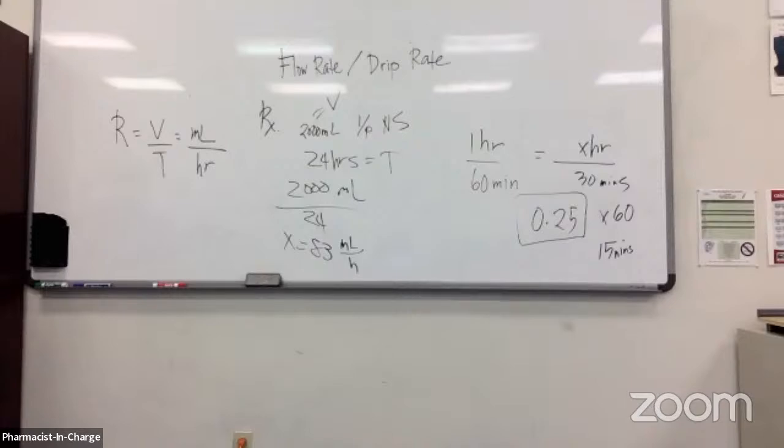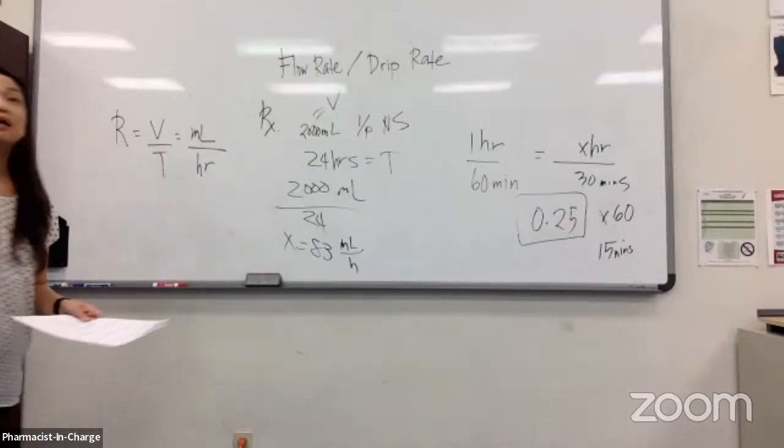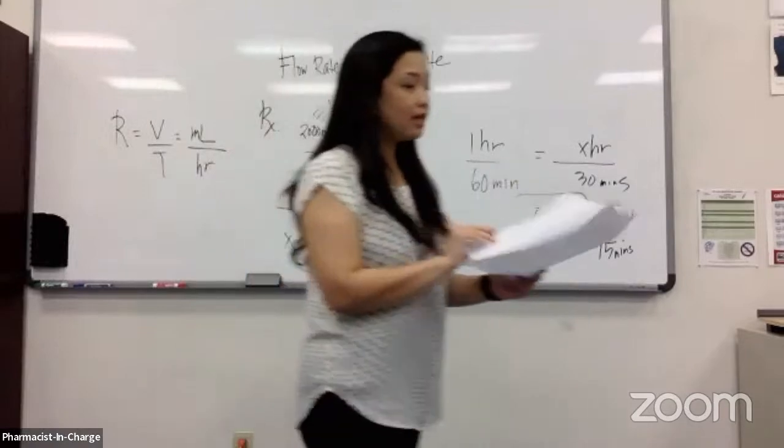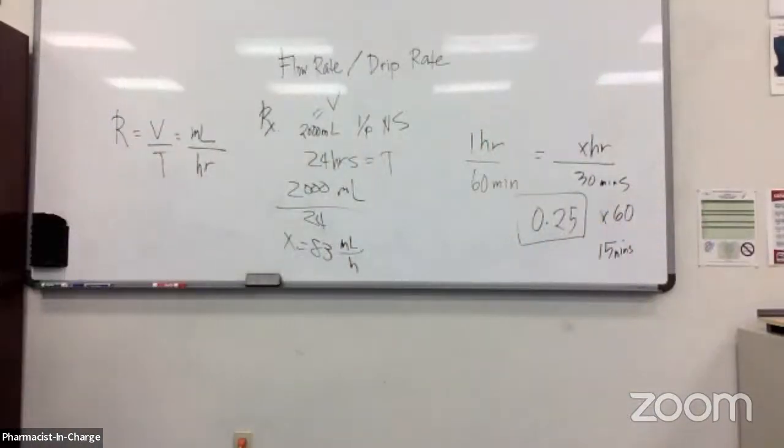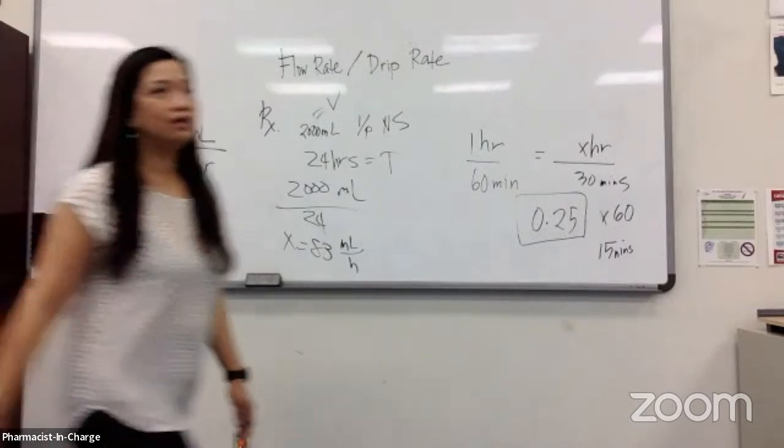Number 8, Ashley, Vanessa. 111 ml per hour. Don't get used to having the unit right there. You might have to write that if it's just blank. Okay, is that clear? Okay, number 9, Megan. 167 ml per hour. And number 10, everyone? 52 ml per hour. Who has a question on this one?